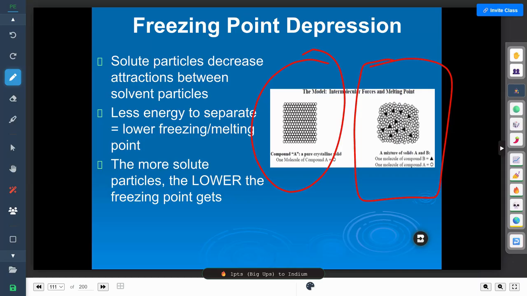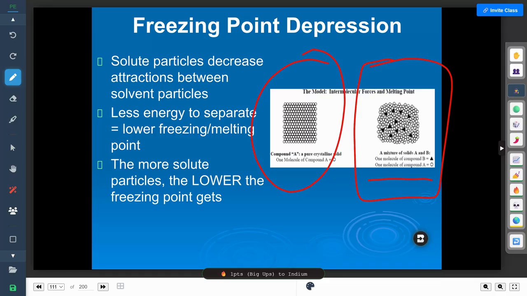And of course, this grabbing onto each other is what we mean by freezing, and we're actually creating a crystal by freezing. Now I can't create that crystal very easily if there's something in the way. And so that's what we're seeing here on the second diagram, that we have things getting in the way of that crystal forming. Now you'll notice that we call this freezing point depression.